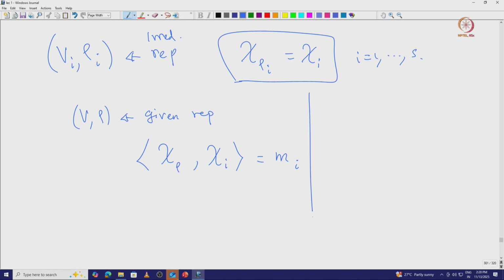So, this is actually a simple verification. So, let me just quickly do it here. We know that chi rho is exactly equal to M 1 chi 1 plus etc plus M s chi s.